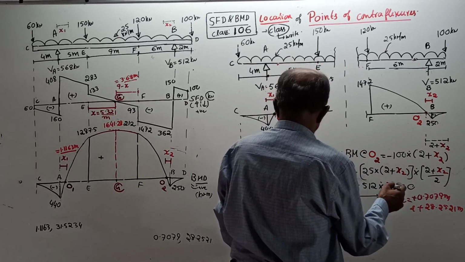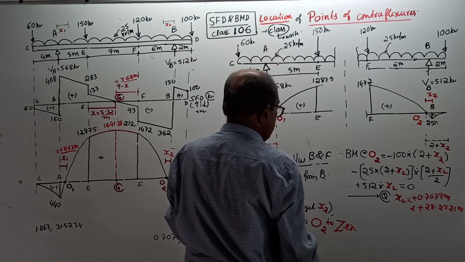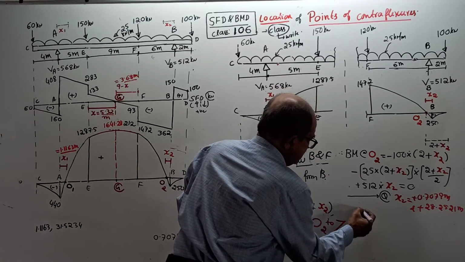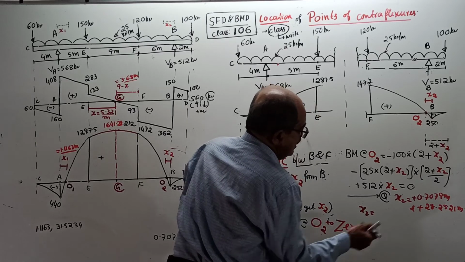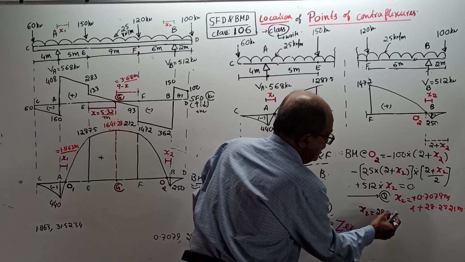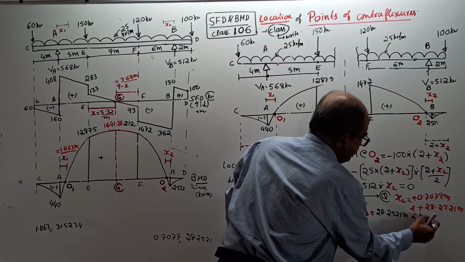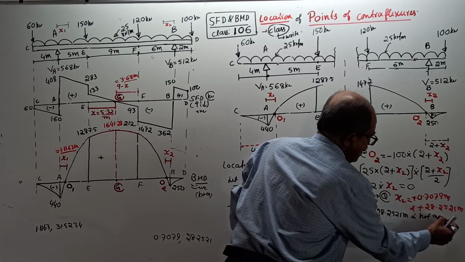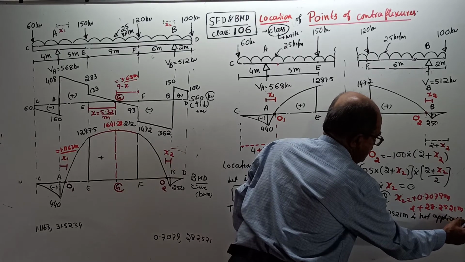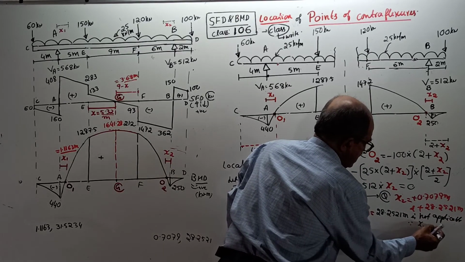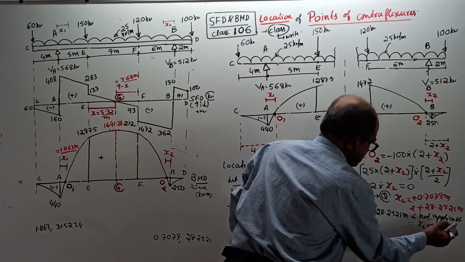Okay. Now, make a note here. Same as last time. See, x2 equal to, how much you got? 28.2521 meter is not applicable, because your x2 has to be less than 6 meter.